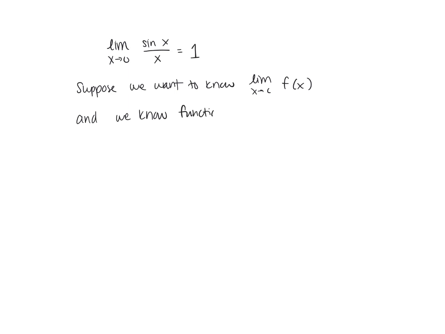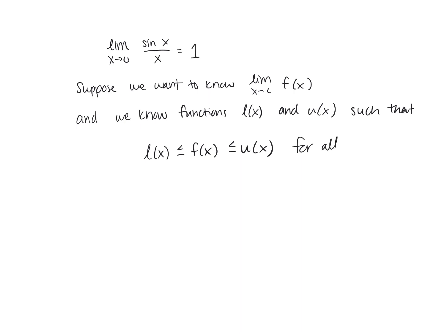So I'm going to name those functions L for lower bound and U for upper bound. So let's say we know a function L that's always less than or equal to f of x. And we know a function U that's always greater than or equal to f of x, at least for all x values near c.